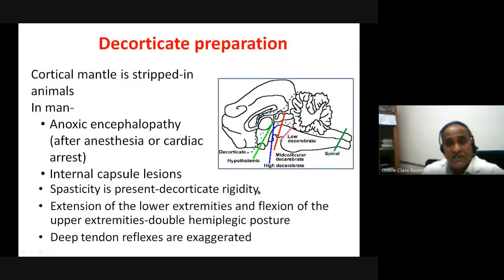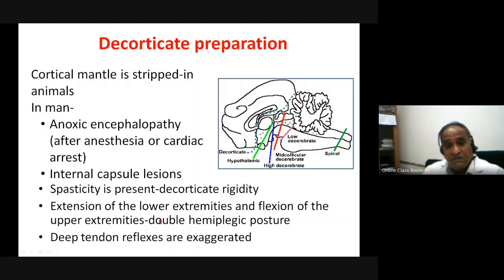Spasticity is present in decorticate rigidity. Spasticity is a hypertonia type of rigidity, a spastic rigidity. This is differentiated from the rigidity of the basal ganglia, where both agonist and antagonist groups of muscles are overactive. There is extension of the lower extremities and flexion of the upper extremities.